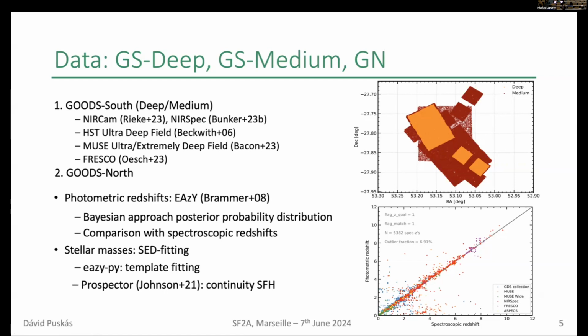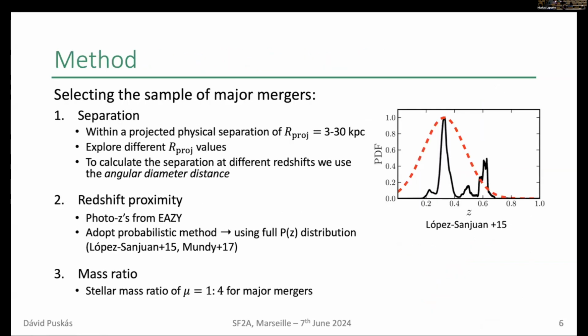And overall, there is a very good agreement with a small outlier fraction. We get the stellar masses from an extension of the EAZY code called EAZY-py, but also more trustable stellar masses from Prospector, thanks to Charles Simmons. But from now on, I'm only focusing on the analysis using the EAZY stellar masses.